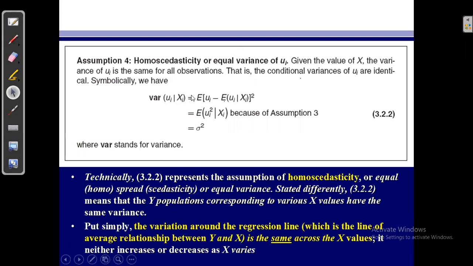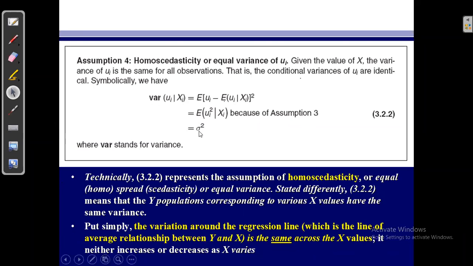Symbolically, we say that variance of ui given xi, the variance of all those disturbance term values corresponding to a given x, should be equal to a constant, and in econometrics we represent this constant variance by a symbol that we call sigma square.